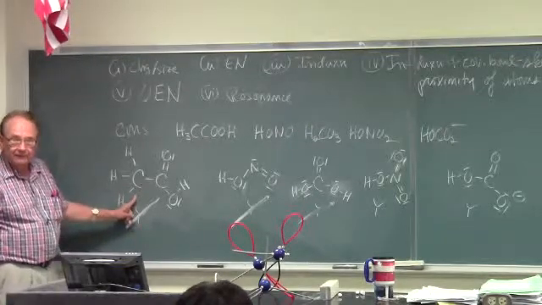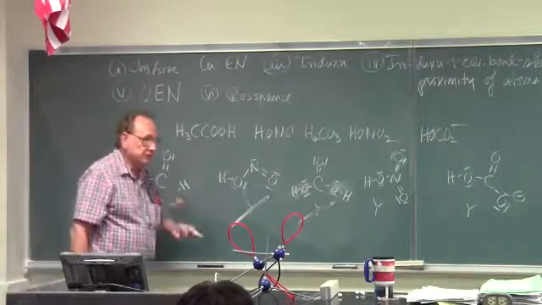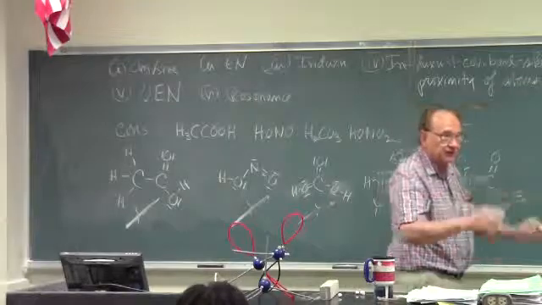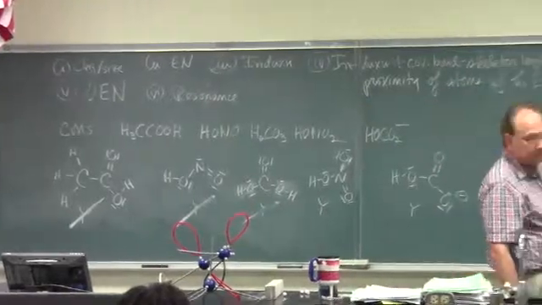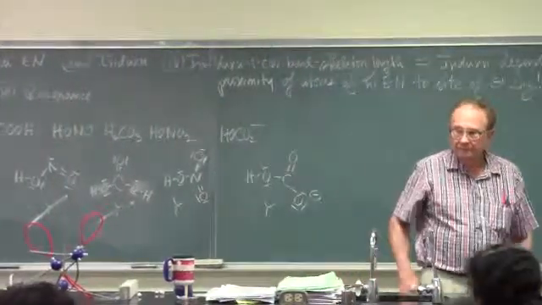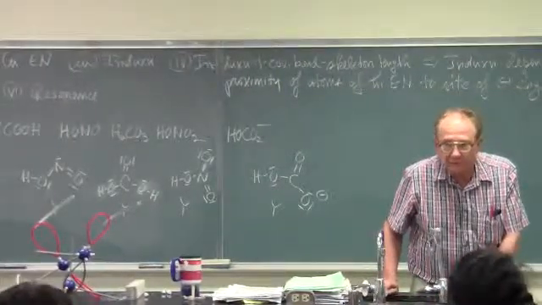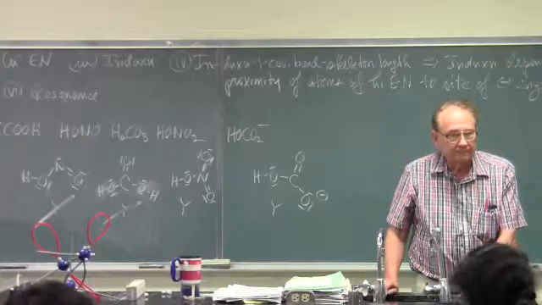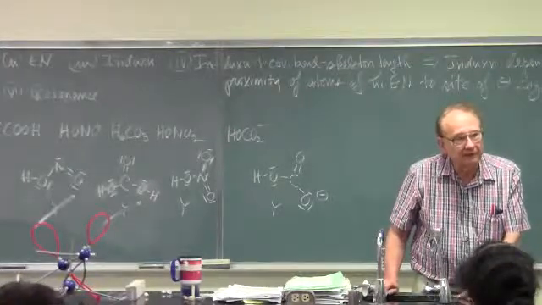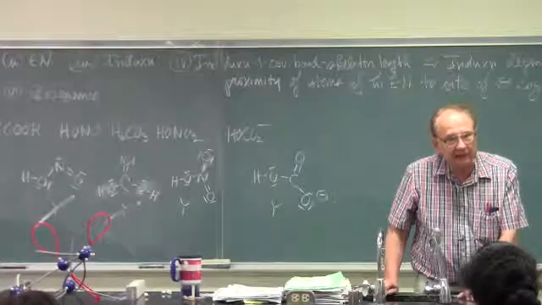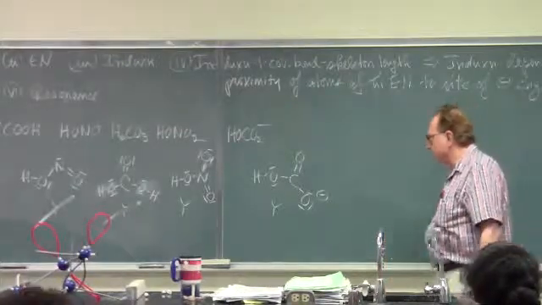Do you remember that in writing resonance structures, you keep all atomic positions the same, and all you do is vary the degree of bonding electron density at 2 or more bond sites.